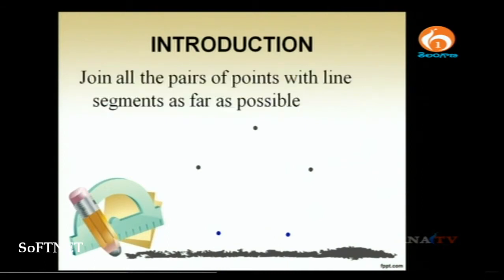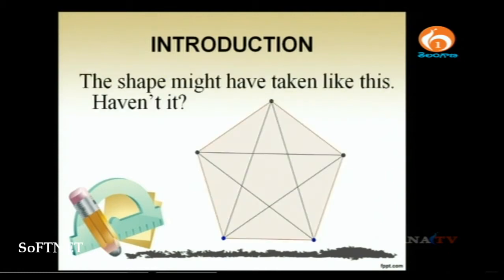Join all the pairs of points with line segments as far as possible. As many of the line segments as you can draw. How would it form? The shape might have taken like this, hasn't it?